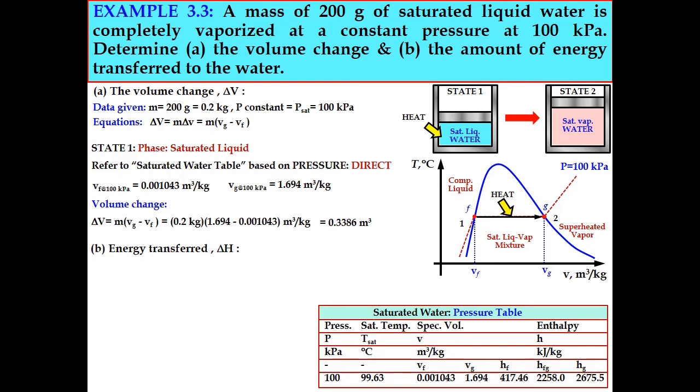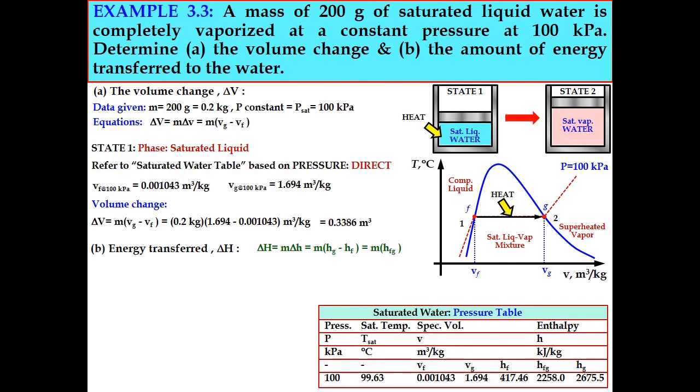B, energy transfer. Energy transfer actually refers to delta H, the enthalpy difference, in kilojoule or joule. Delta H equals mass multiplied by the specific enthalpy change, delta h, small letter, equal to m multiplied by Hg minus Hf.